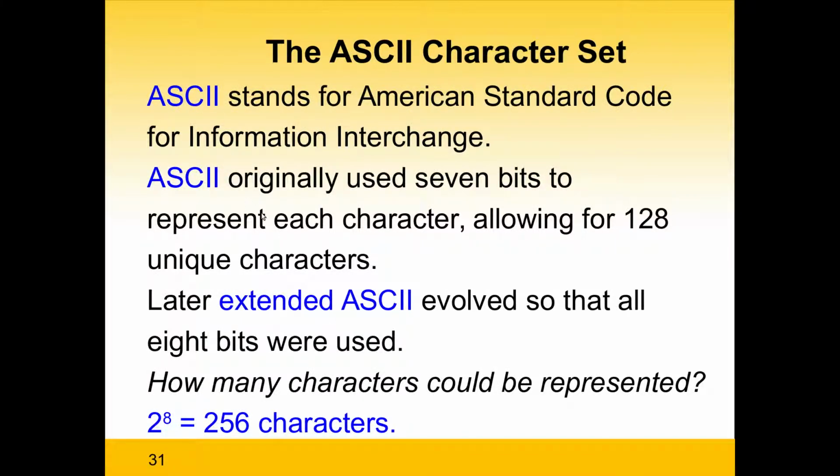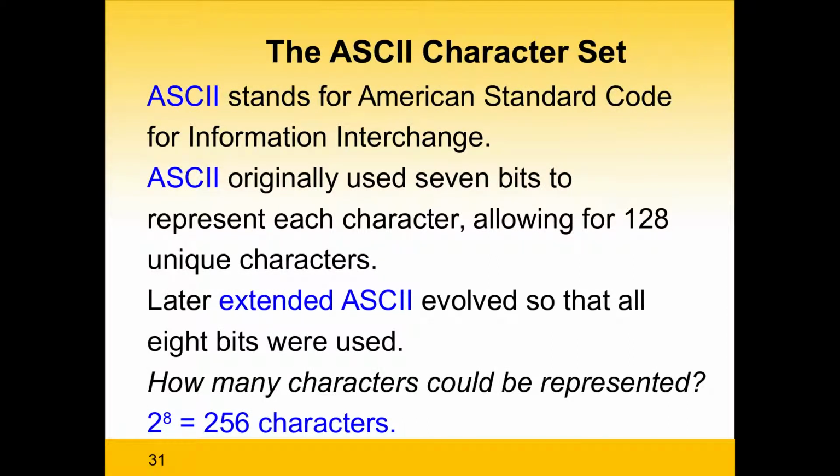Originally that ASCII character set used only 7 bits to represent each character, because the 8th bit was being used for some kind of check value for transmission. So only 7 bits were used to represent each character, and therefore it only allowed us to represent 128 unique characters.